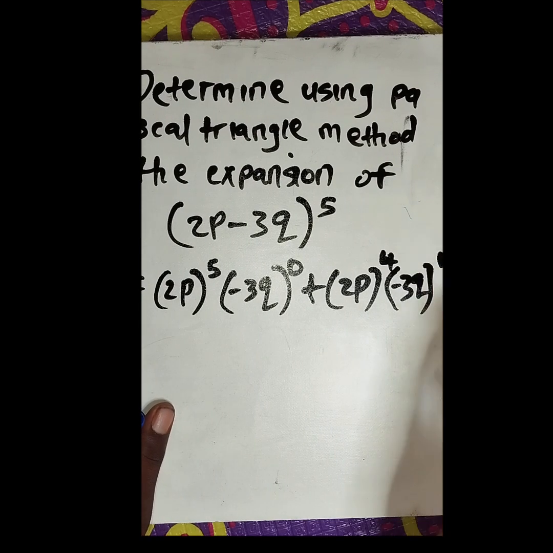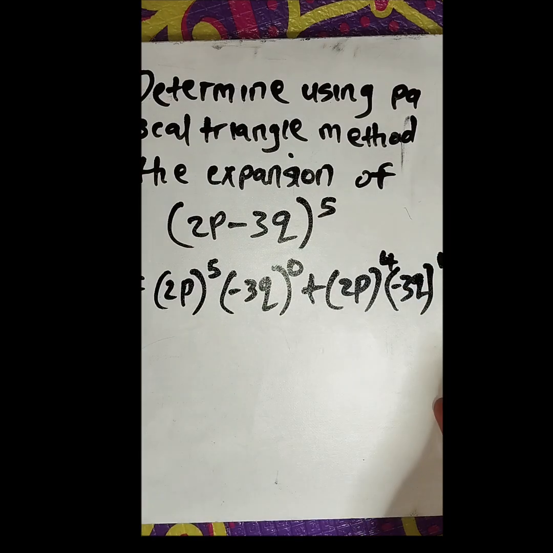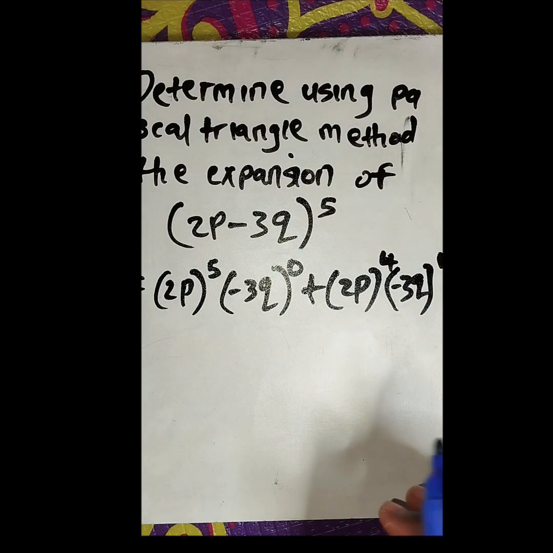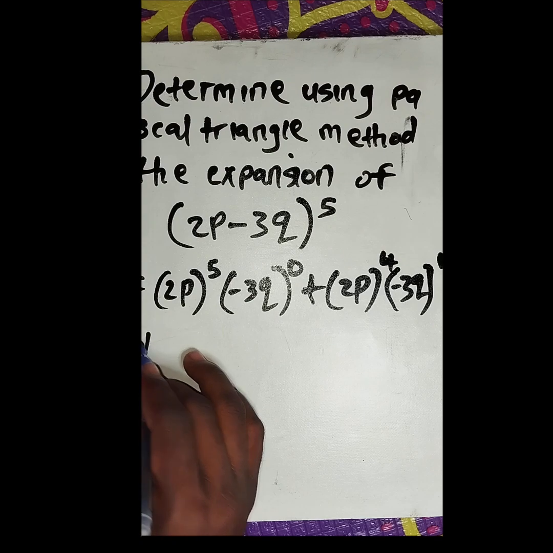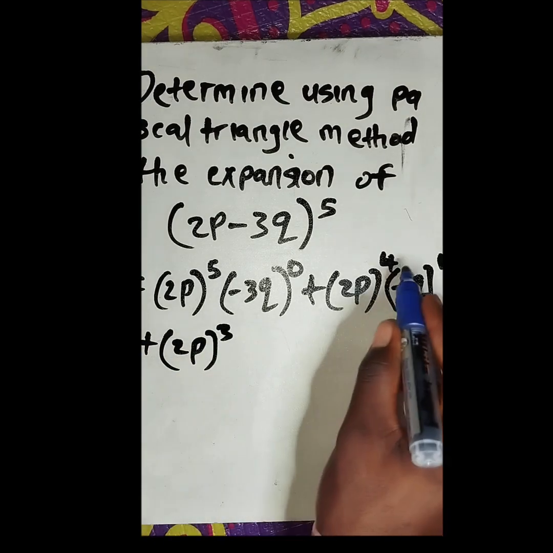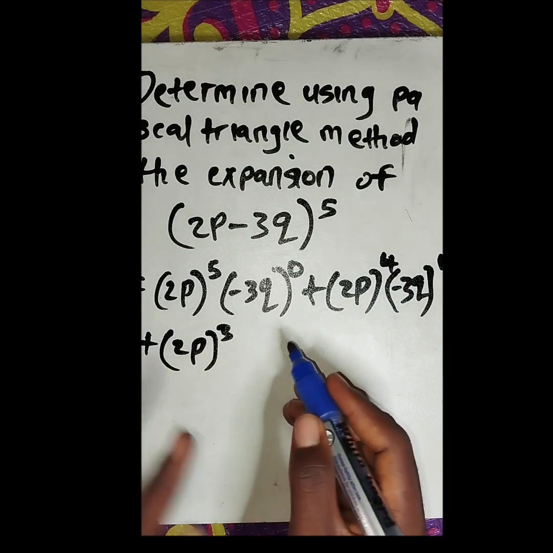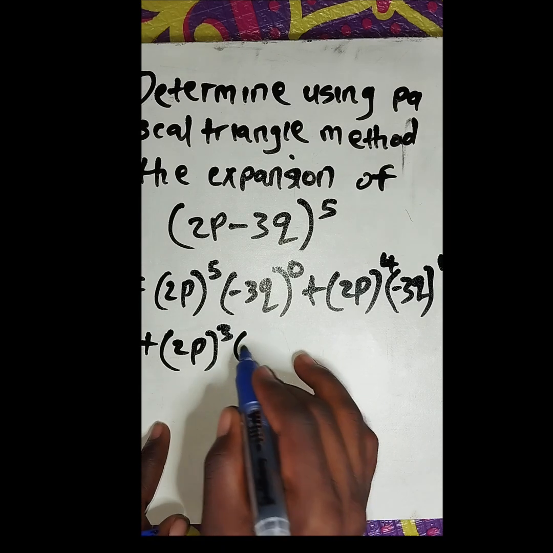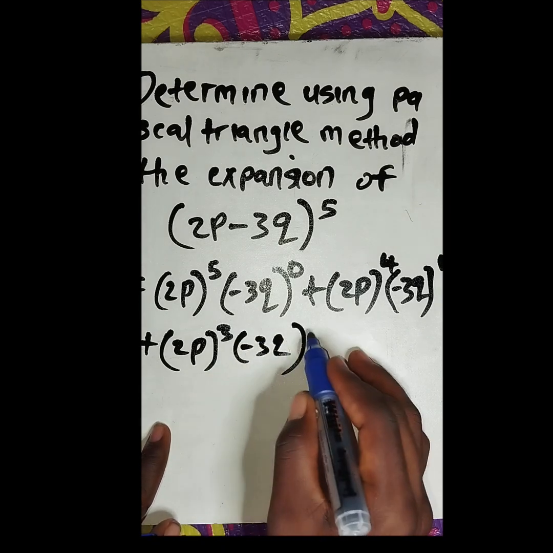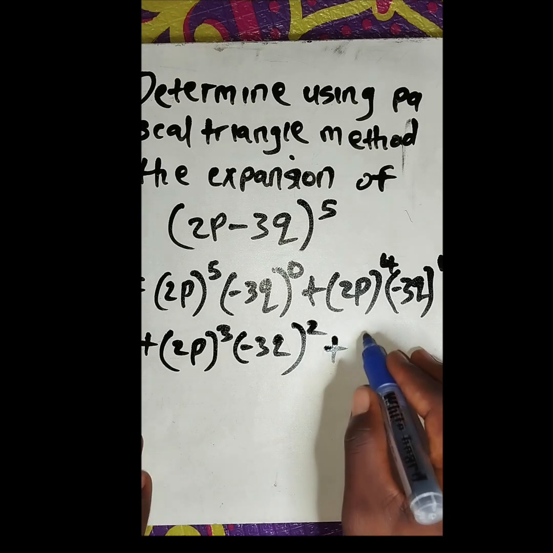The power was 0 before, and it increased to 1. Let's go again. Plus 2p raised to the power of 3. You subtract 1 from 4, it becomes 3. You keep reducing the power by 1, and your second term will increase again, to 2.